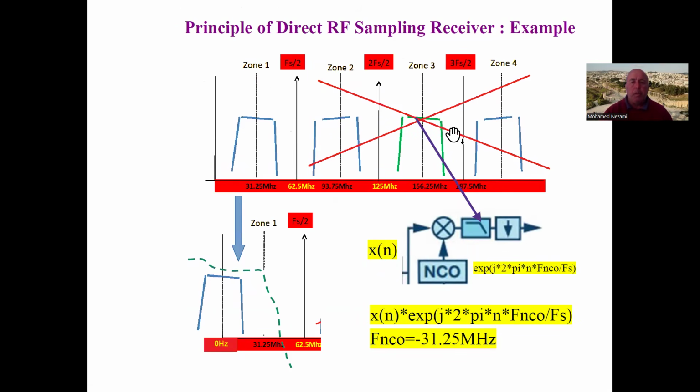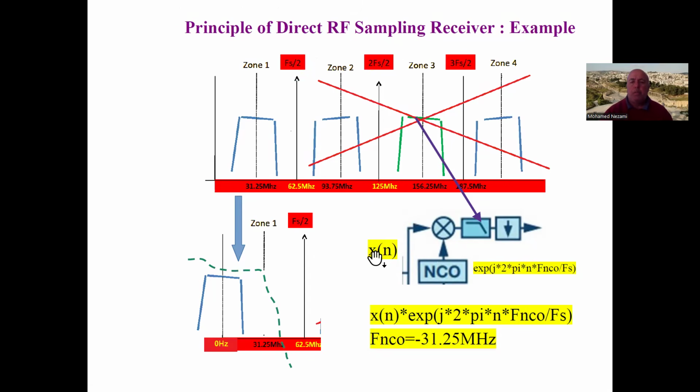Okay, so we come in here and we say we want to disregard these, and we're going to get this part in here, which is the first one in the Nyquist zone. And all we have to do now is center this at baseband. This is the block that is available in the ADCs or in the FPGA.